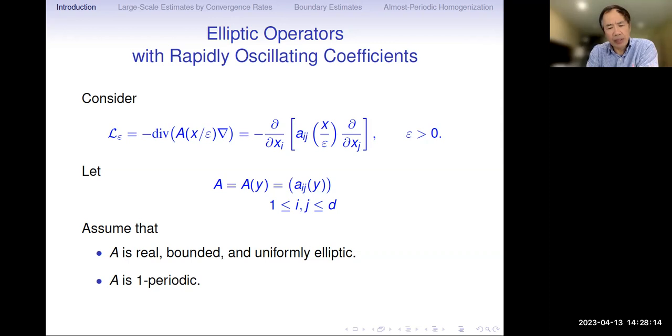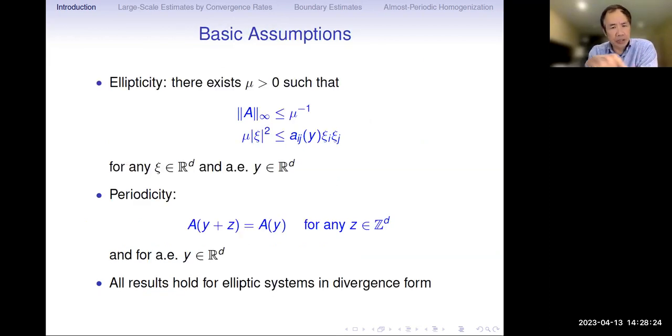If you have an arbitrary lattice, you can always use a linear transformation to change to an integer lattice. So again, we have uniform ellipticity and periodicity with respect to the lattice Z^d. As I mentioned already, all results hold for systems in divergence form.